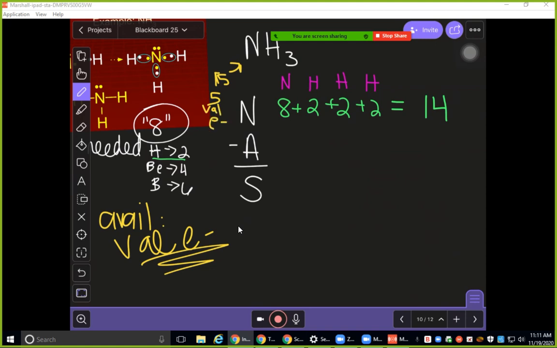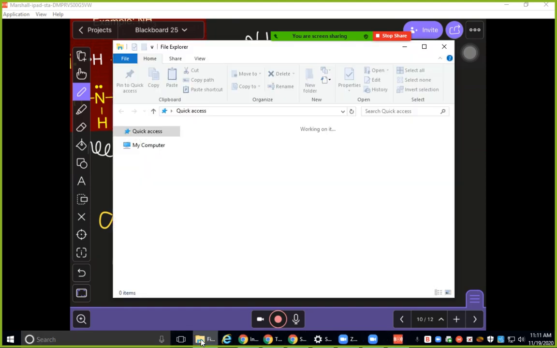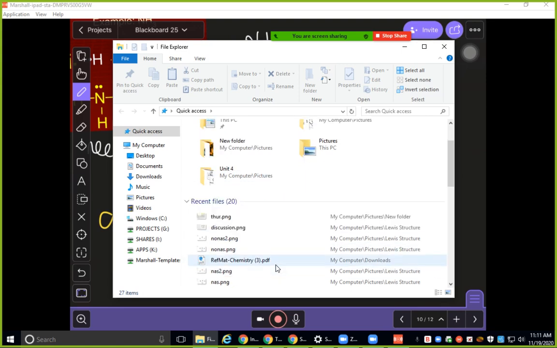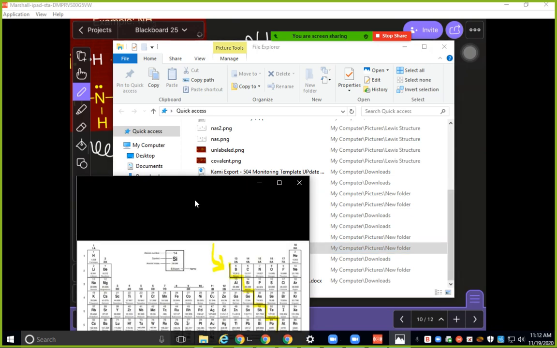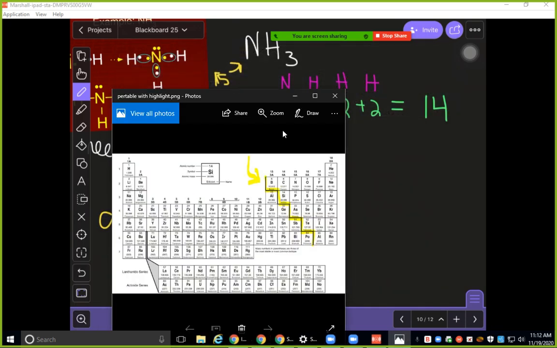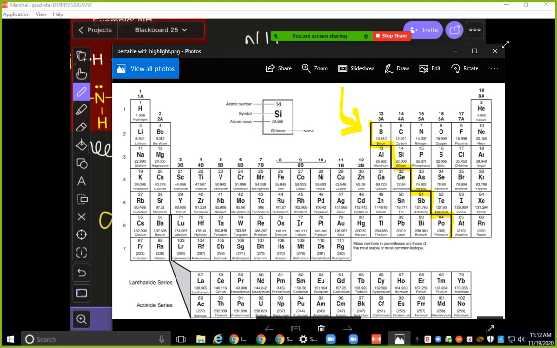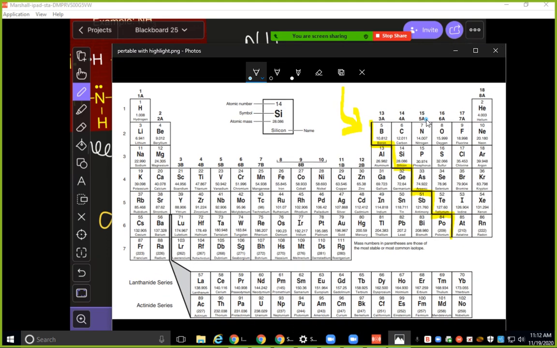You have to pull up your periodic table. If you have no idea what I'm talking about right now, you need to remember to pull up that periodic table. And actually, just to stress it, I'm going to pull up that periodic table so that way you guys have it. There it is. All right. So in my periodic table, nitrogen is right here.